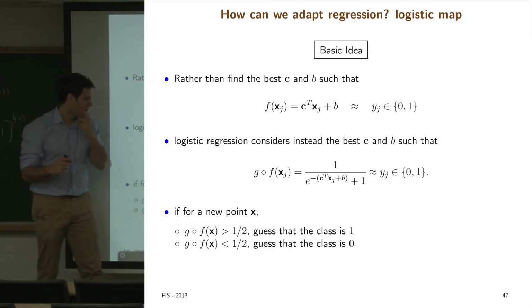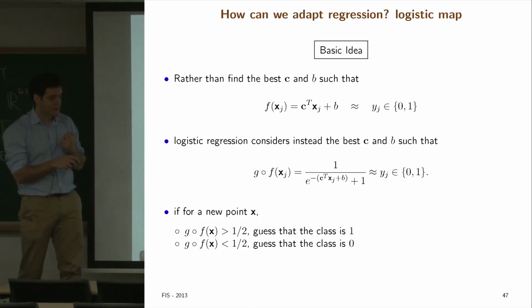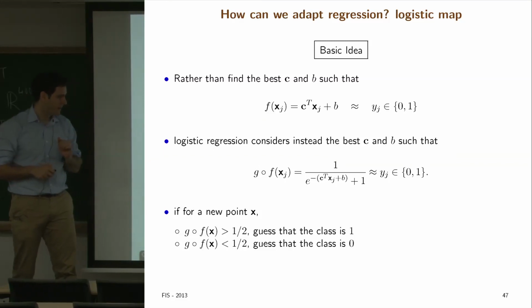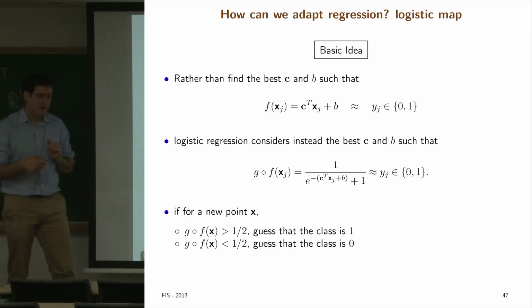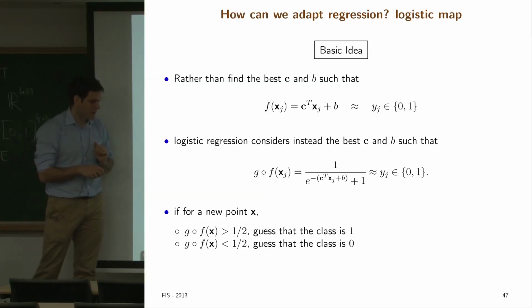Okay? So instead of really trying to fit as hard as possible the C and B on your data, you will basically take the result of C transpose xj plus B, apply the logistic map to that result, and try to fit it then to 0 and 1.